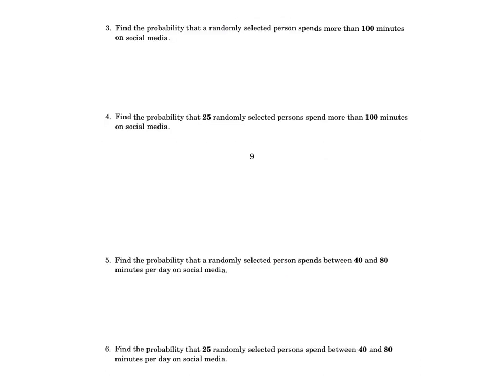Now find the probability that a randomly selected person spends more than 100 minutes on social media, which is the probability of x greater than 100. You just have to take the population distribution, which is bell-shaped. Mu is 60, so 100 would be somewhere here.